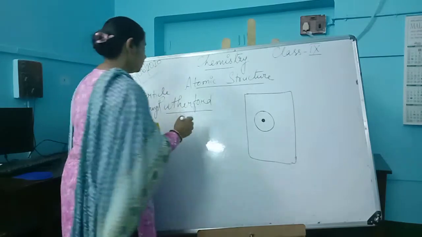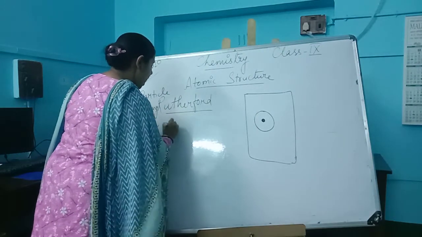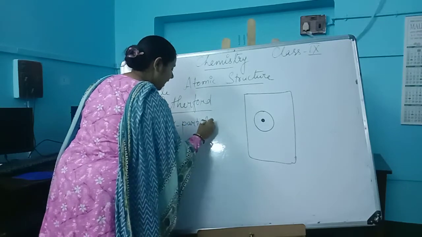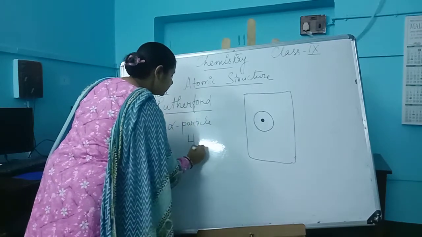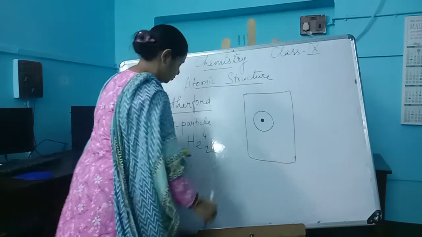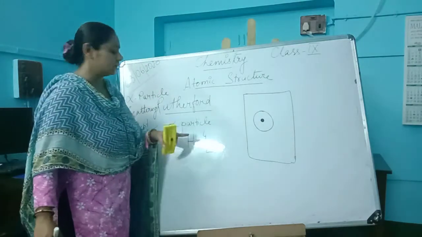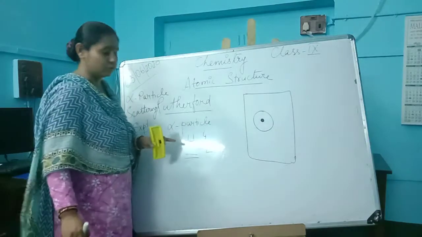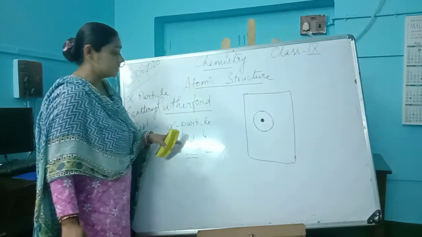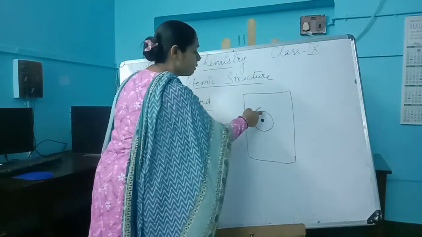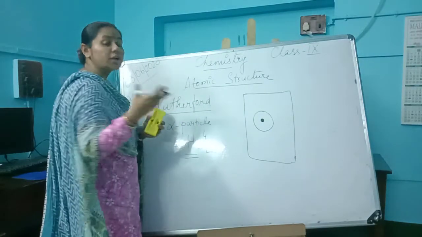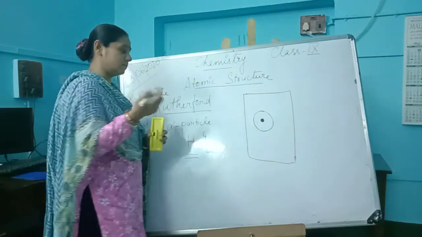Now, what he did was he used alpha particles. Alpha particle actually means he has used helium over there. Once this helium is bombarded on this nucleus, what changes are going to take place?